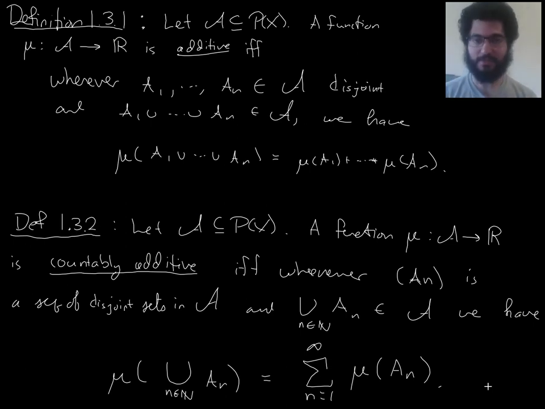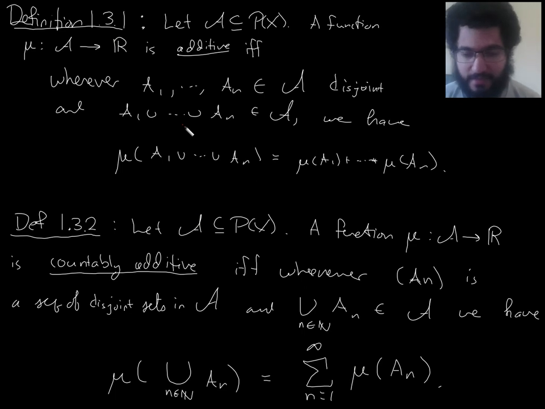So because we want to develop ideas about extending mu from classes of sets, fancy A, that are more general than sigma algebras or algebras of sets, we need these definitions in order to say what it means for mu to be additive on those less good classes of sets.